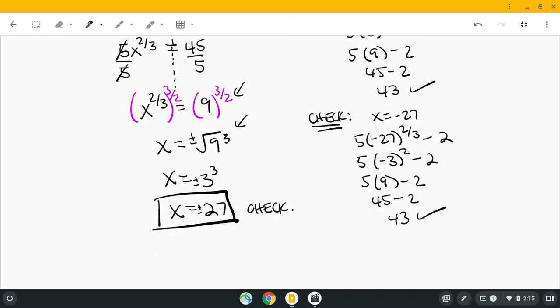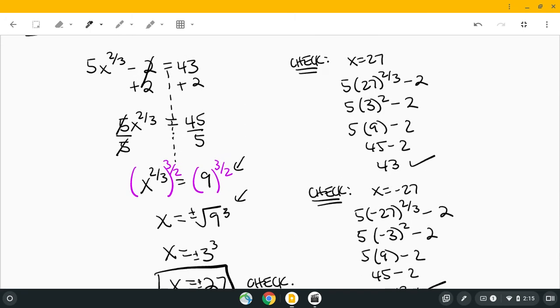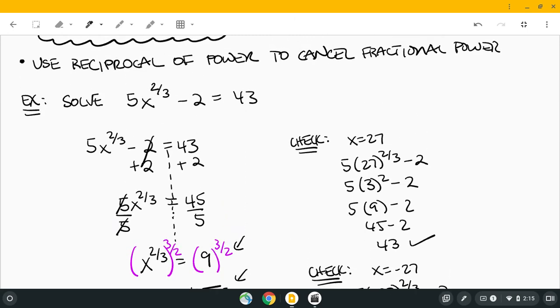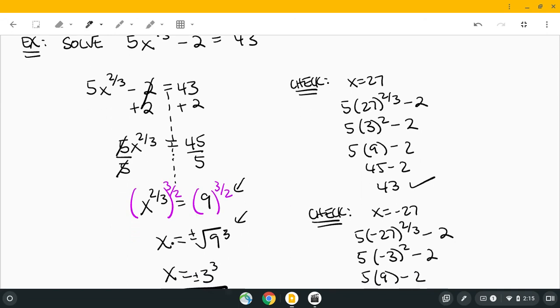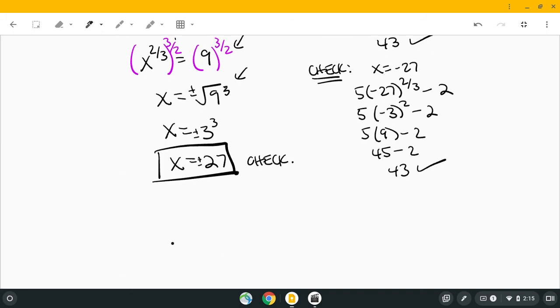So your answer is plus or minus 27. So that's how you deal with fraction exponents. You just use the reciprocal, as you can see right here. You use the reciprocal power, and you'll end up with 1 because you get 6 over 6, which is 1. And that's what you're trying to do.